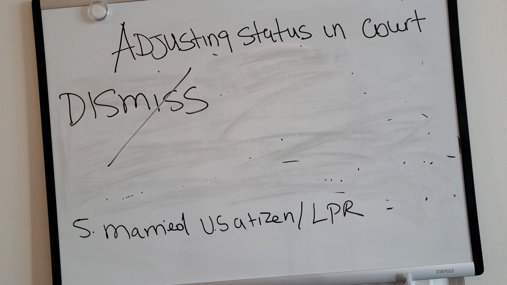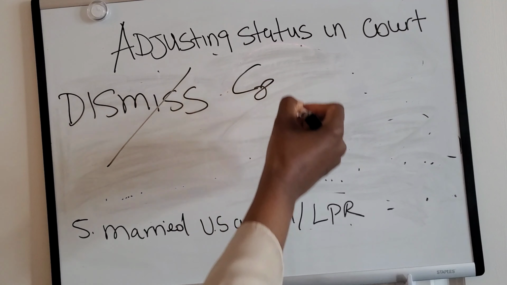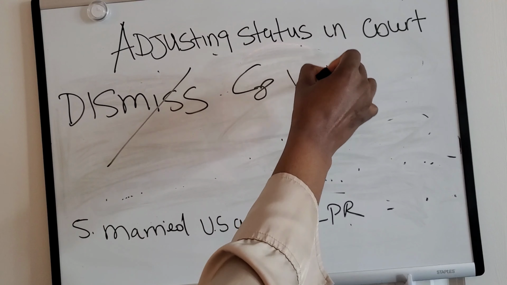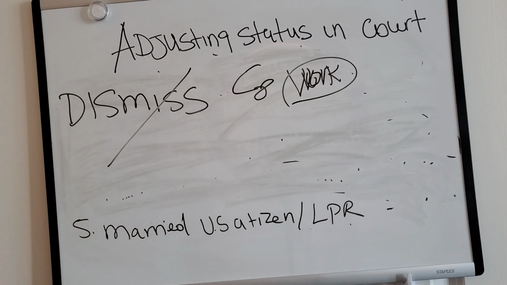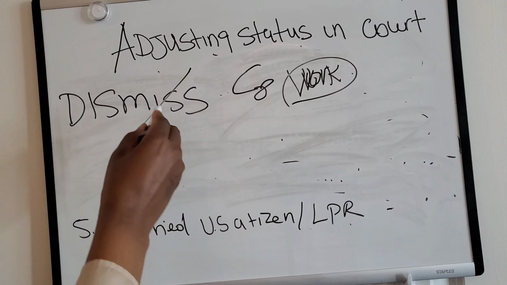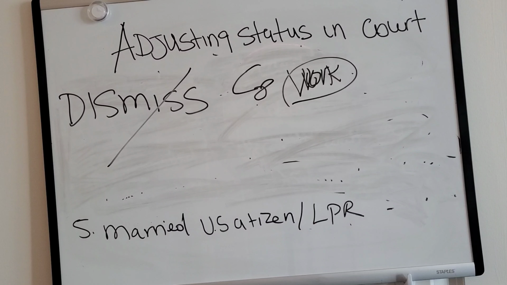You don't want to do that. Why? Because if you marry a lawful permanent resident and you dismiss the case, the C8 work permit that you had, because remember you were brought to court based on asylum, right? Then later on you marry a lawful permanent resident. If you dismiss the case, the C8 is going to be terminated because the case is dismissed.